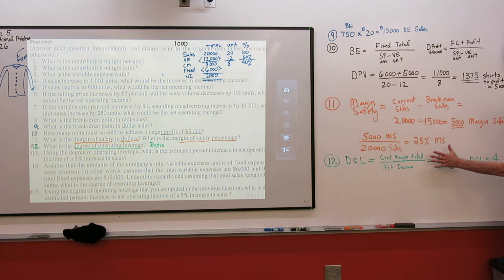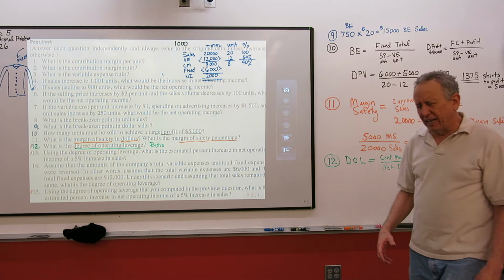In relation to the relationship between the net income and contribution margin, it means this. If there is a 10% increase in sales, what will our net income be? Well, this is the multiplier. It shows the relationship between sales and net income. In other words, if we have a 10% increase in sales, take 4 times 10, we'll have a 40% increase in net income.